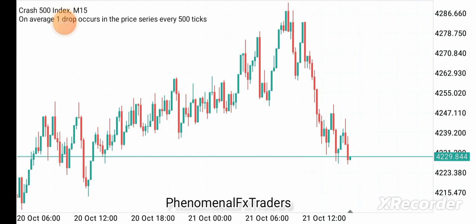Alright, so what we need to do for this particular one is just to use the 15 minutes time frame. First, we look for the engulfing candlestick pattern on the 15 minutes time frame. I'm using crash 500 as an example. You can try this on every other pace.